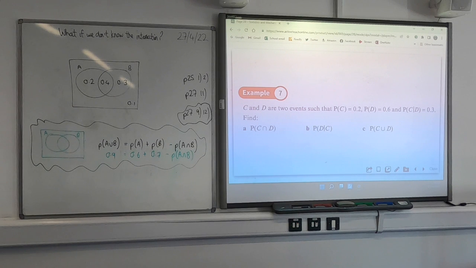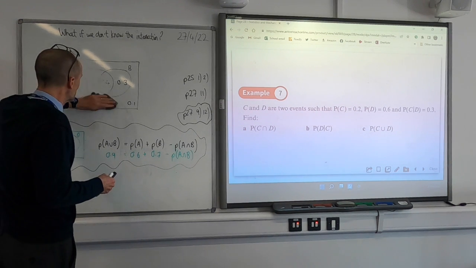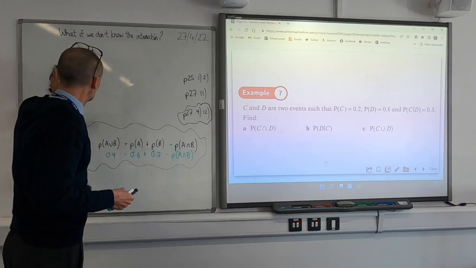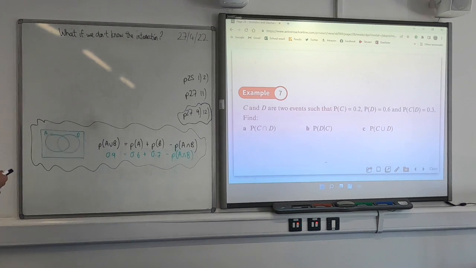I note here that it doesn't mention a Venn diagram at all. But two events, I'm going to draw a Venn diagram. I'm always going to draw a Venn diagram for these sorts of questions because I can't visualise it without the Venn diagram. And again, I don't know the intersection.